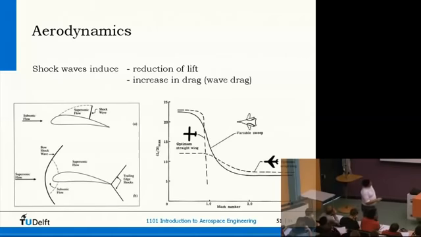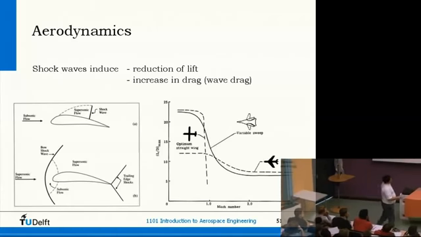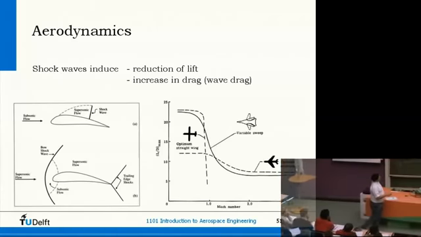Here you see what happens with the lift over drag ratio when you are coming close to Mach 1. This dotted line is for a simple aircraft with straight wings. You can see you have a high lift over drag ratio, but it plummets to 0 as soon as you come to Mach 1. That's different for an aircraft with a swept wing.